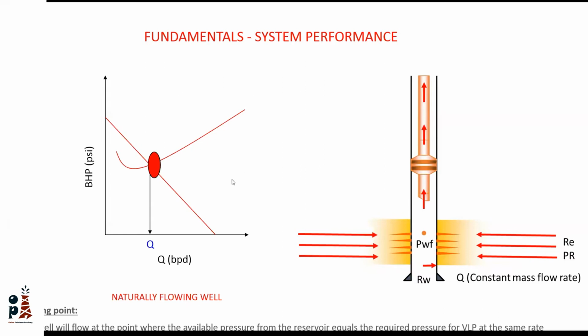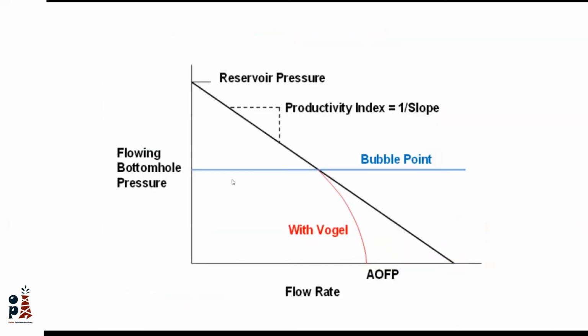To dig deeper into this one, this is our reservoir performance relationship, how it looks like. So as the bottom hole flowing pressure increases, the flow rate decreases and vice versa. So this is how the reservoir performance relationship or the inflow performance relationship looks, and we can represent it in a simple way, which is a straight line IPR or a constant productivity index IPR, or with a Vogel correlation where the straight line will start to deviate at this red bar.